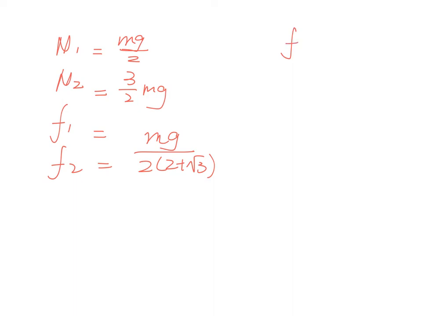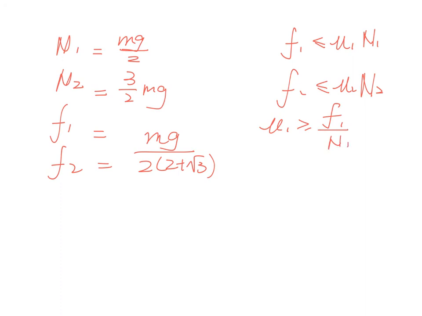Because F1 is smaller or equal to mu1 times N1, and F2 is smaller or equal to mu2 times N2. Therefore, mu1 is greater or equal to F1 over N1, which is 1 over (2 plus square root of 3).